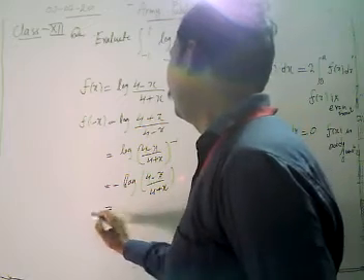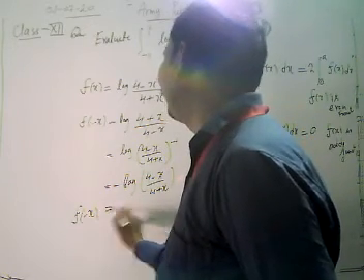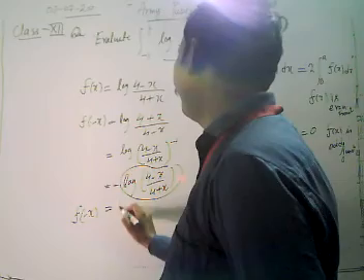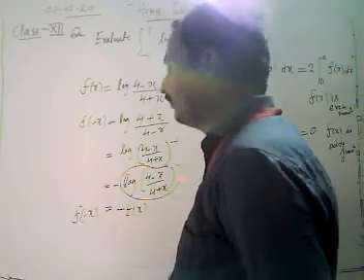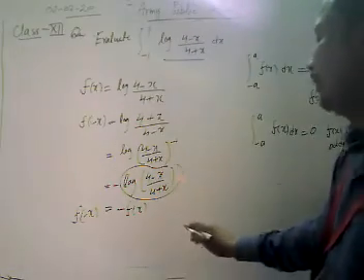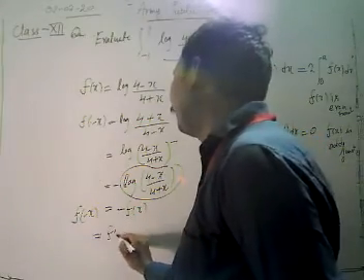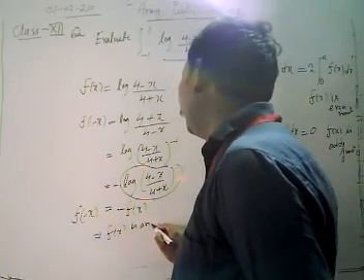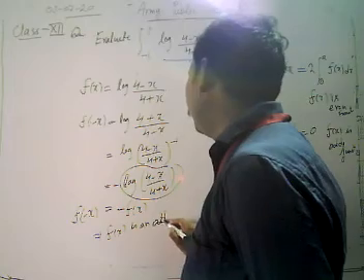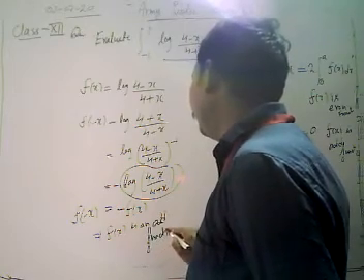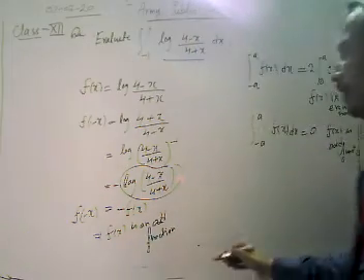Now look, what is our f of minus x? This is equal to minus f(x). So f of minus x is minus f(x). This implies our function f(x) is an odd function.